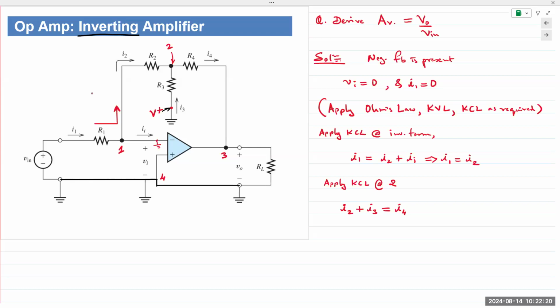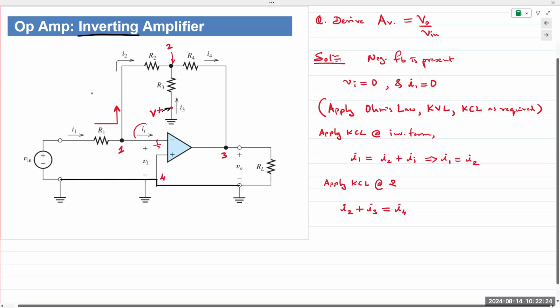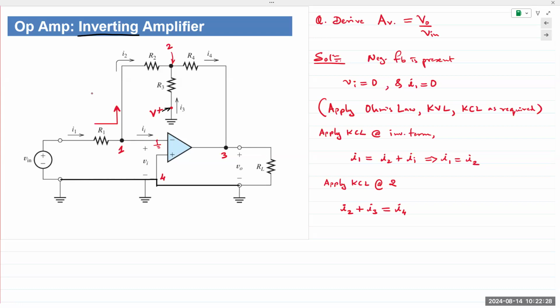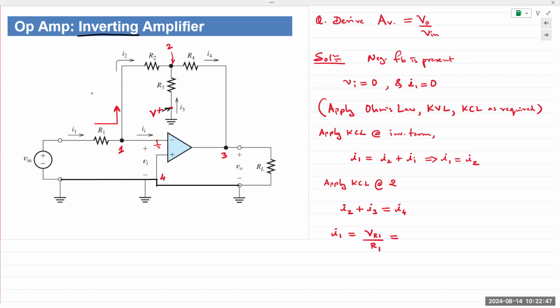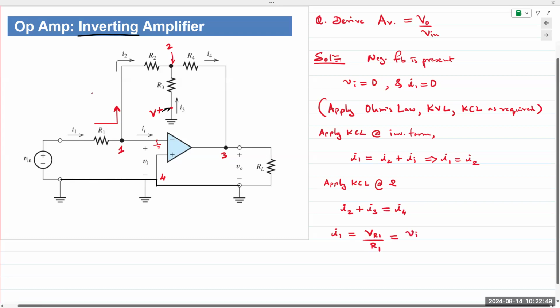And the way we would do that is we would again use the fact that II is equal to 0, so the voltage at 1 is equal to 0. I can write I1 is equal to VR1 over R1. And I can describe the resistor voltage VR1 in terms of the node voltages at either end of that resistor.